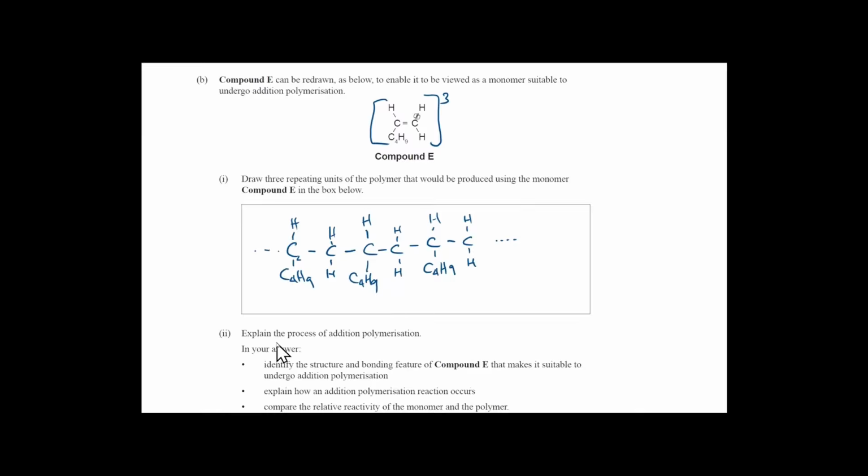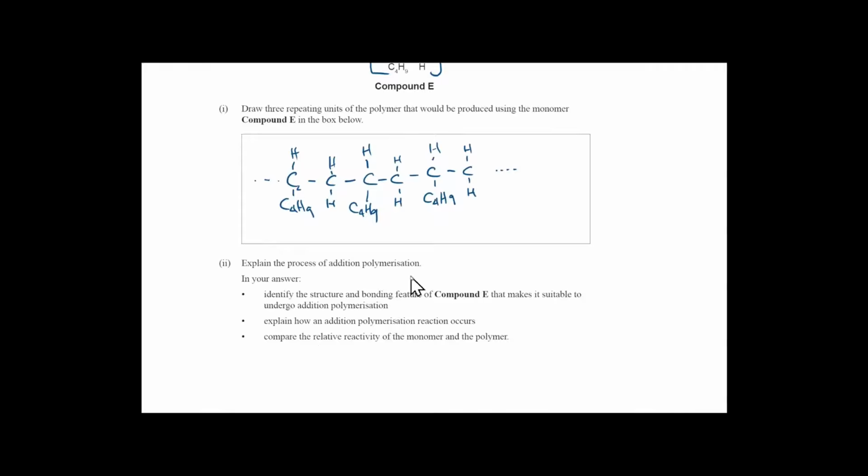So then we're asked to basically explain what happens in this polymer. So in your answer, identify the structure and bonding feature of compound E that makes it suitable to undergo addition polymerization. Well, it's unsaturated. It's got hydrogens that it can play with.